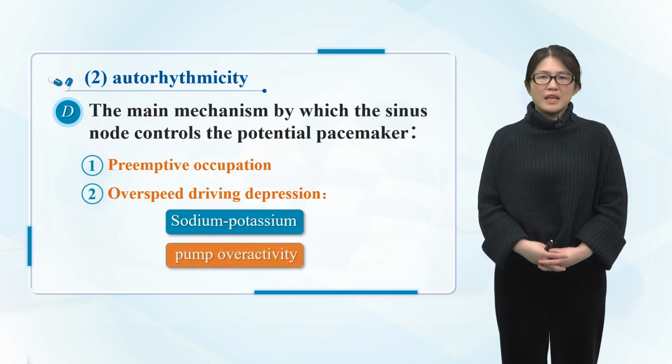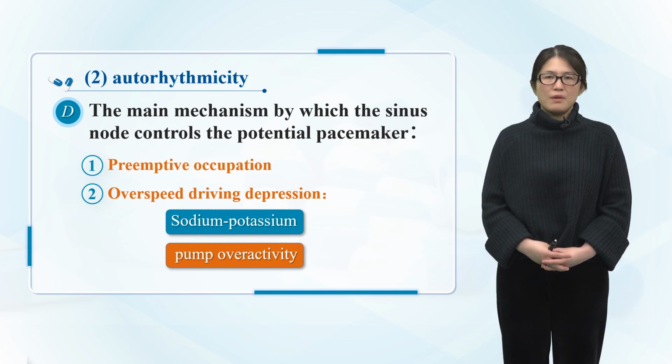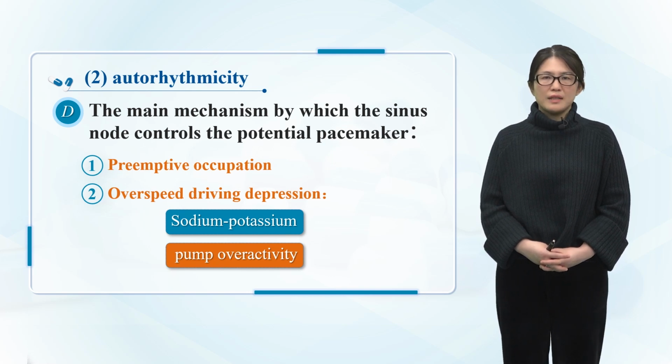The main mechanisms of the sinus node controlling the potential pacing points: 1. Preemptive occupation. The autorhythmicity of the sinus node is higher than other potential pacing points.